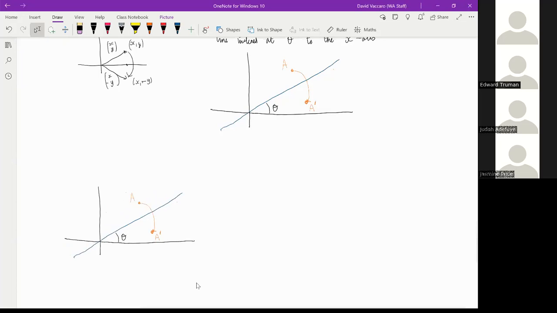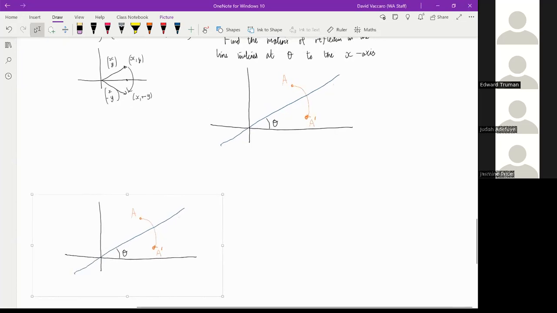So we know the matrix of T and we know the matrix of R theta.